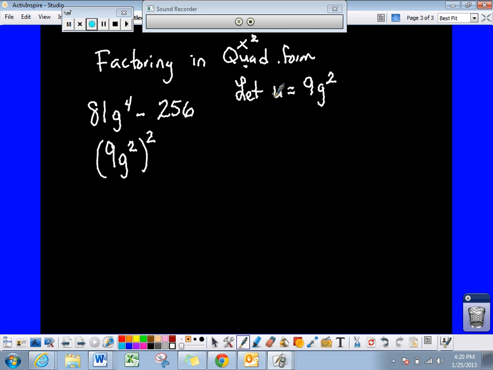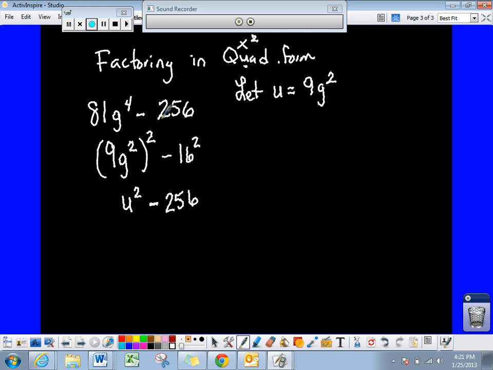We just came up with a variable, and we're going to set u equal to that. So now I can replace this with u to the second minus 256. Well, we know the square root of 256 is 16, and we can leave it like this.